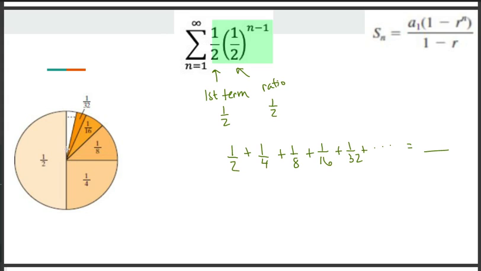But this is still just going to total one full pizza. The sum of this infinite sequence of numbers here would be 1. And not approaching 1, it would be exactly 1.